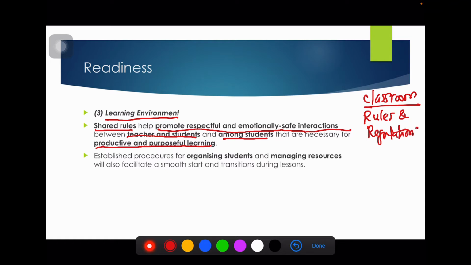On the very first day, state the rules and regulations of the class. For example, you should not fight with each other. You should not quarrel with each other, and so on and so forth. Now, establishing procedures for organizing students and managing resources will also facilitate a smooth start and transitions during lessons.